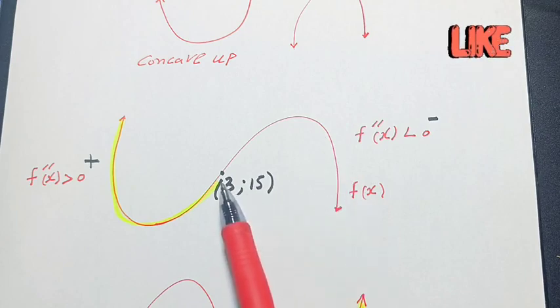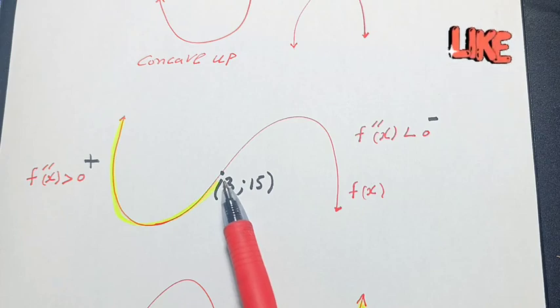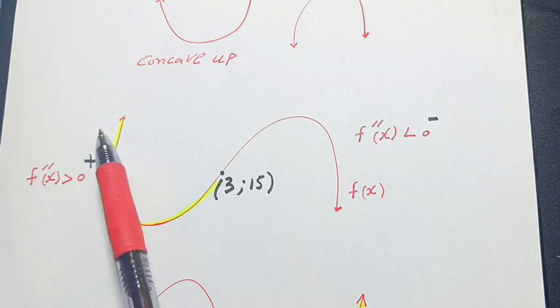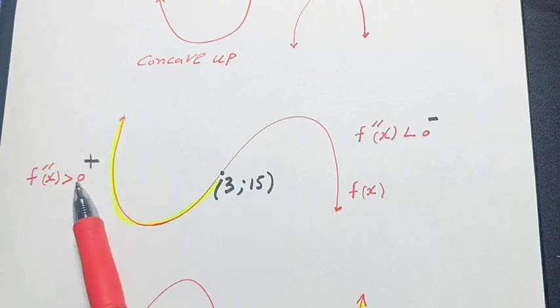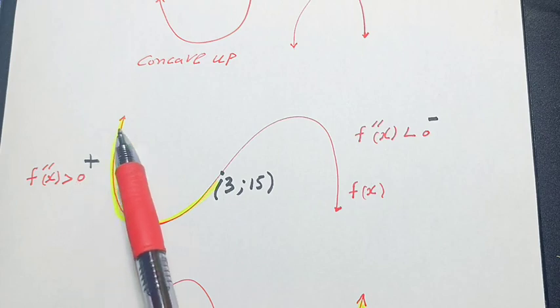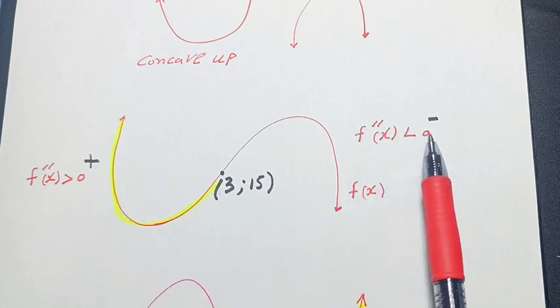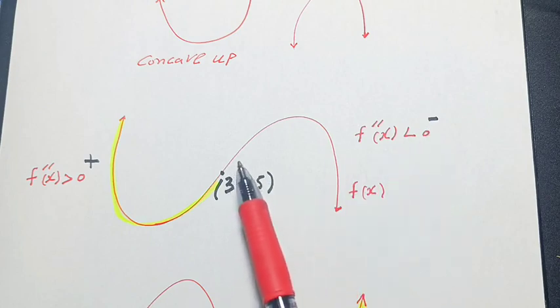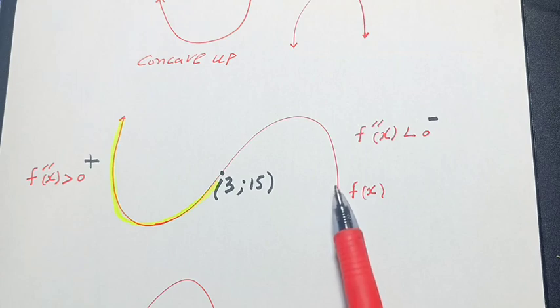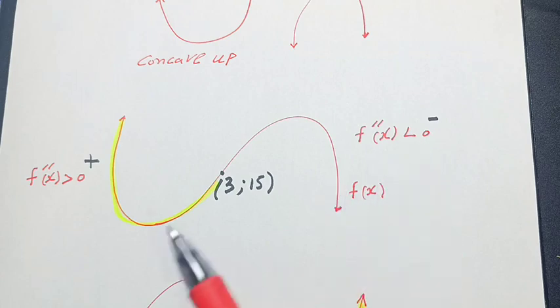The graph changes here. This point is called the point of inflection. The second derivative is greater than 0, which means the second derivative is positive where the graph is concave up. Second derivative less than 0 means negative where the graph is concave down.